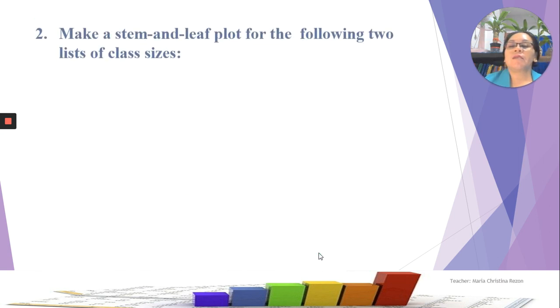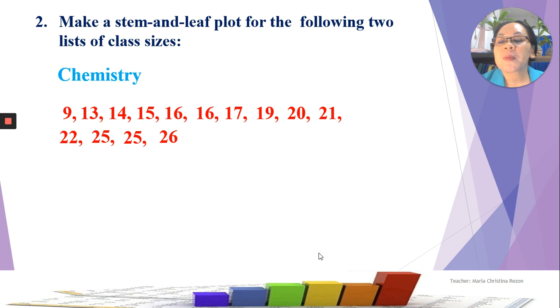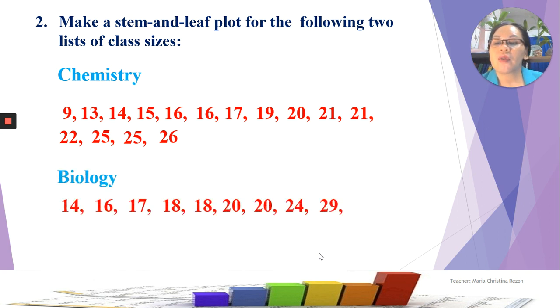Let's have another example. Make a stem and leaf plot for the following 2 lists of class sizes. So we have 2 sets of data given. You have chemistry, and then you have your biology, all right? If you try to observe each of the observations in each set of data, they are already arranged in ascending order.